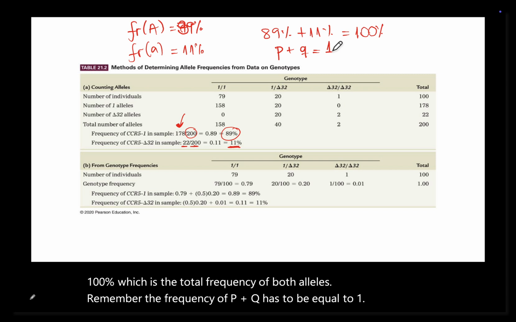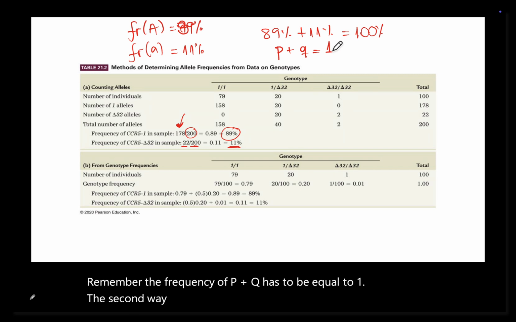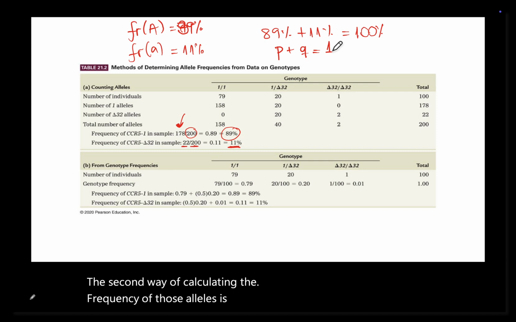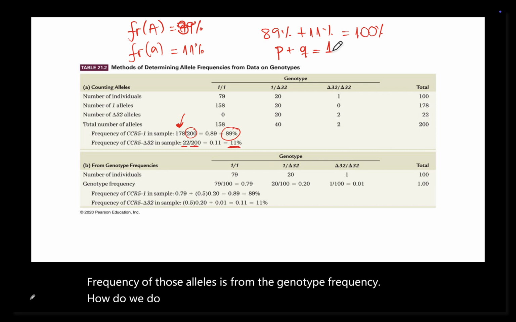The second way of calculating the frequency of those alleles is from the genotype frequency. How do we do that? First of all, I have to look at the number of individuals for each of the genotypes.